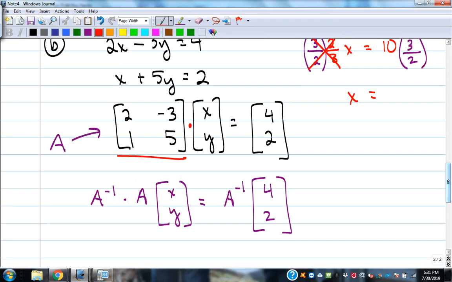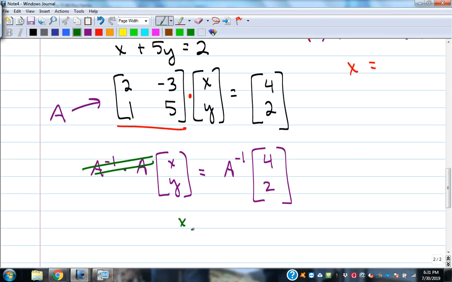Over on the matrix equation, these cancel out, and you just get xy. What we need to do is find the inverse of matrix A and multiply it times the matrix 4, 2.